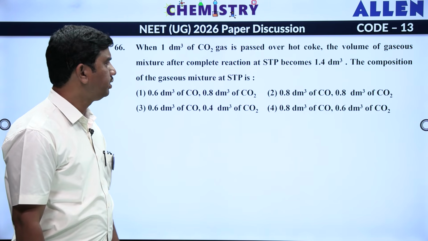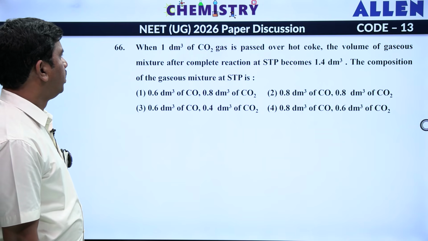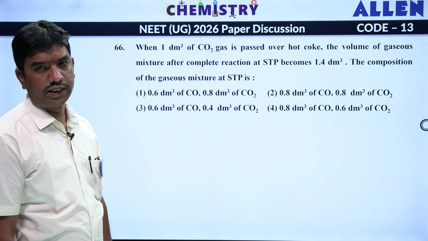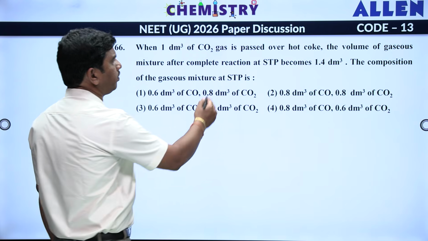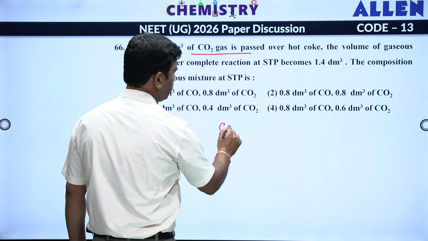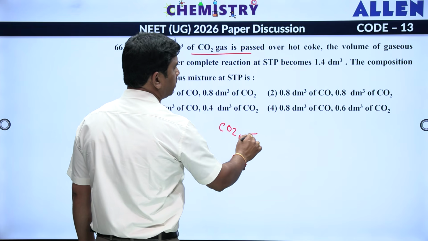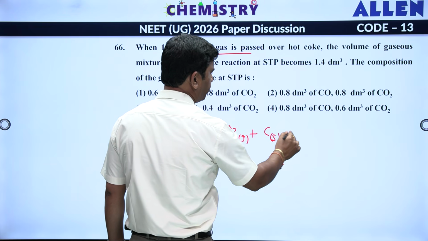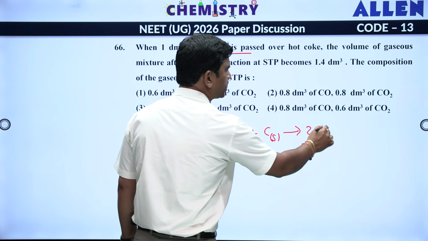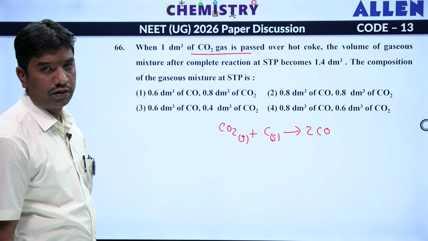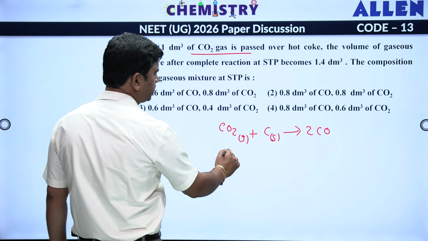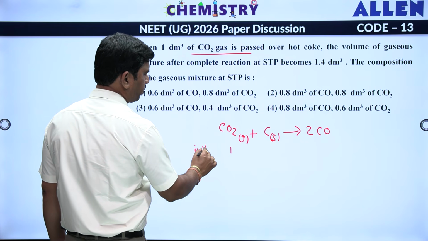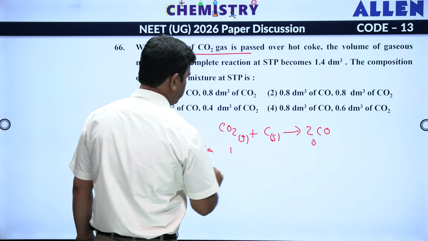The next question is a simple question from the mole concept chapter. Here CO2 gas is passed over hot coke, which is solid carbon, and it produces carbon monoxide. Consider CO2 gas as 1 mole initially and CO as 0.